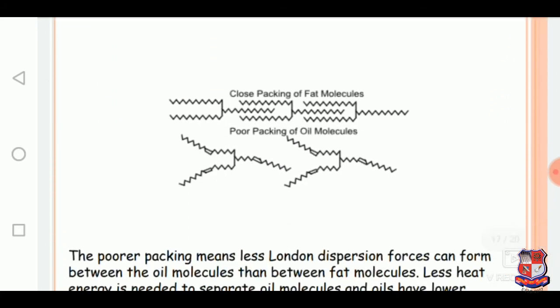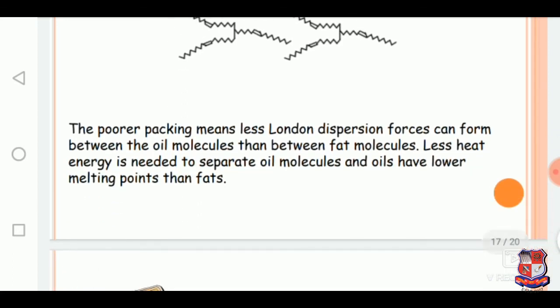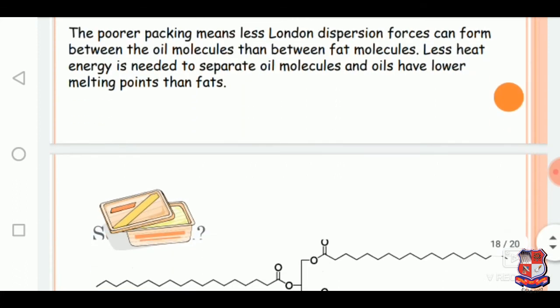So this is close packing of the fat molecules, and there is poor packing of the oil molecules because of the unsaturation. The poor packing means fewer London dispersion forces can form between the oil molecules than the fat molecules. Less heat energy is required to separate oil molecules, and oils have a lower melting point than fats.